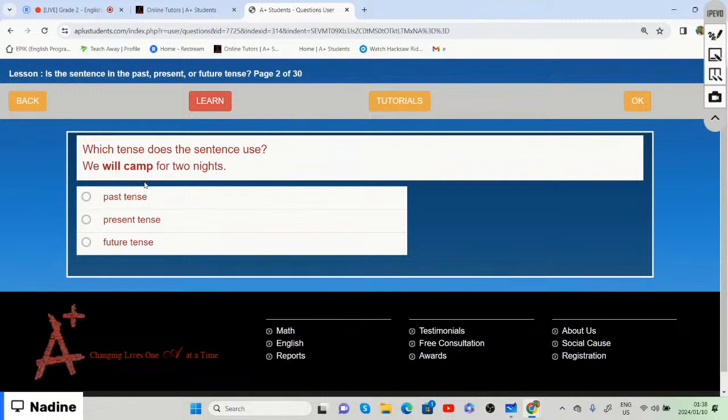Remember, we said the present tense shows things that are happening now. The past tense shows things that happened already. And the future tense shows that things are going to happen. And the word before the verb is basically the word will.